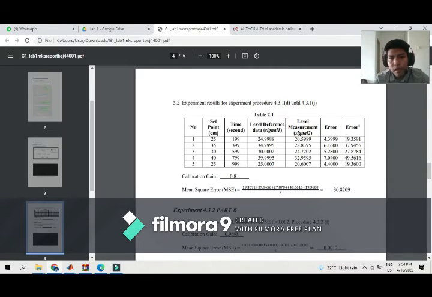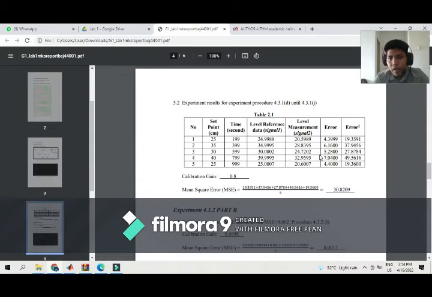For time 399, we get the error 6.1600, and for the error square we get 37.9456.